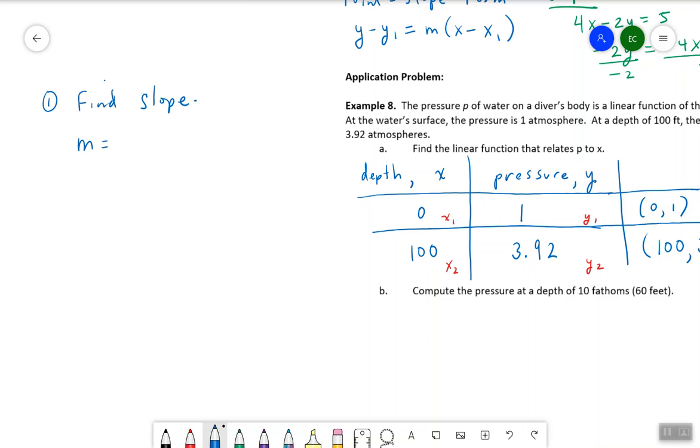And so y2 minus y1 over x2 minus x1, and we'll get 0.0292. And then in the second step, we're just going to plug into point slope form.